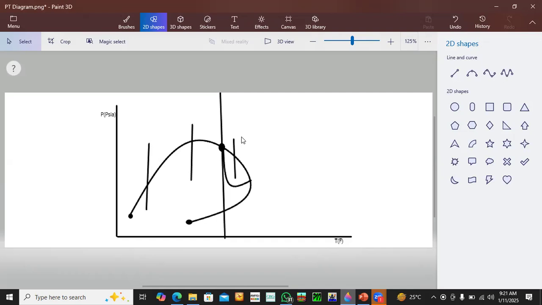There's also the retrograde gas condensate, which exhibits a special behavior. Let's assume this is our initial reservoir pressure of the retrograde gas condensate. As pressure starts to deplete, it goes down. Upon hitting the dew point curve, the first droplet of condensate starts to drop out, and it falls within the retrograde region.